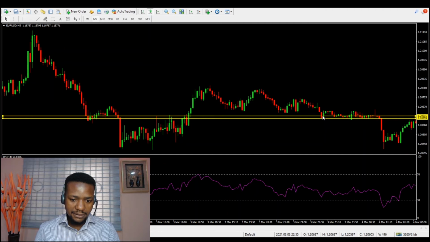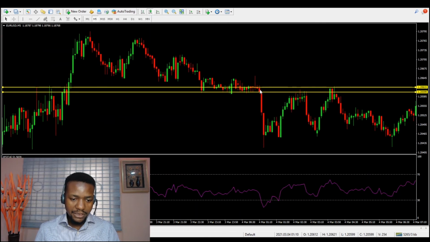Now it found it difficult to break through, and eventually it broke through. So that's why I said support line can be broken, while resistance line can also be broken, and a new support line will be created. So now it broke through the support line, and immediately it came back, the support line became a resistance line.